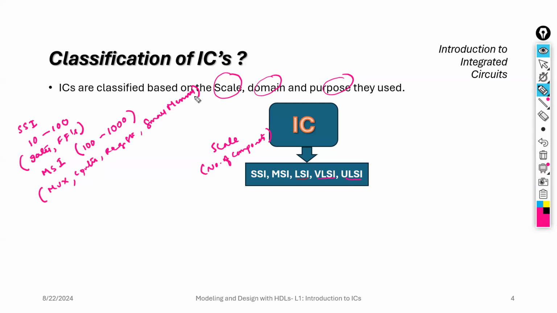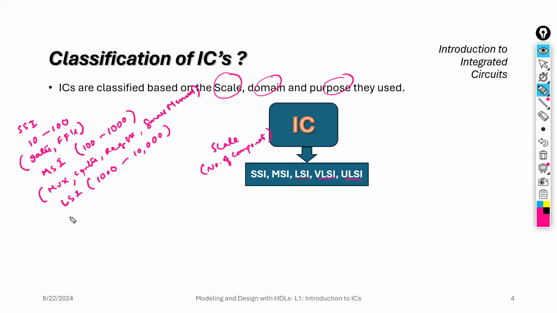than 1,000 transistors. Next is called large scale integrated circuits, which means 1,000 to 10,000 transistors or components. That means whatever chip you are creating, that chip can have 1,000 to 10,000 transistors or components. So what kind of designs can you create under this scale?